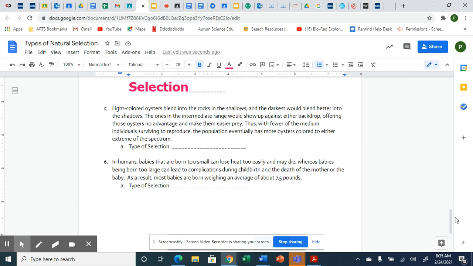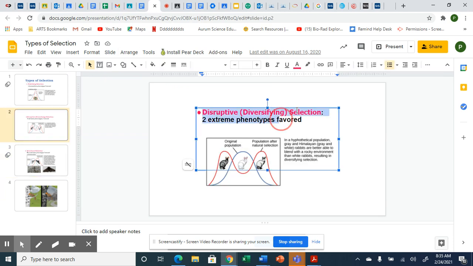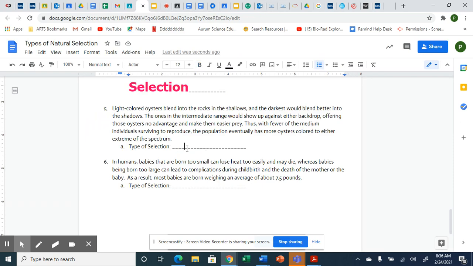Thus, with fewer of the medium individuals surviving, the population eventually has more colored to either extreme of the spectrum. So that's like the bunnies again. All right, diversifying, because remember, our bunnies have the extremes, so the oysters are going to have the extremes too.